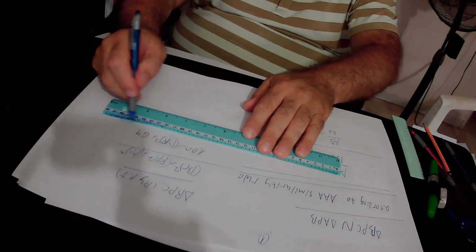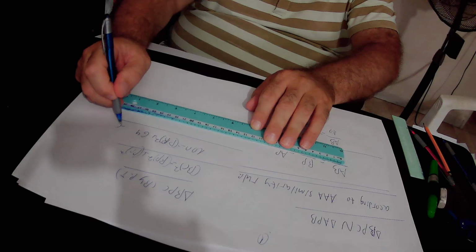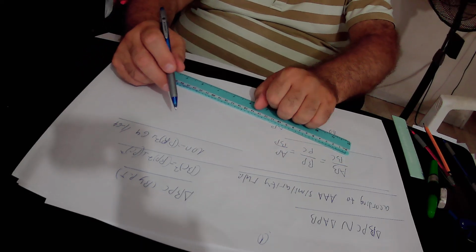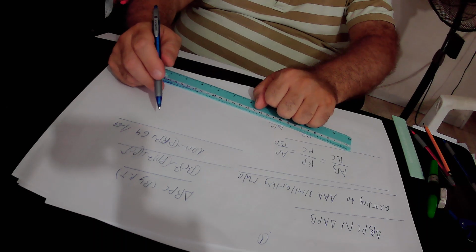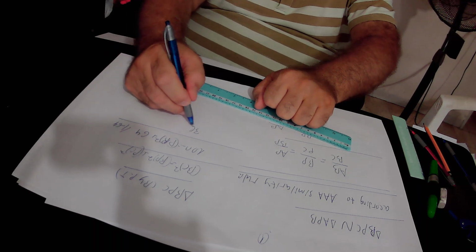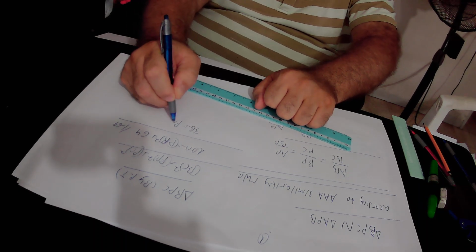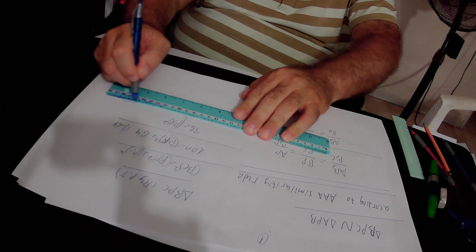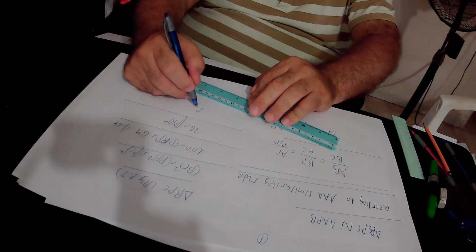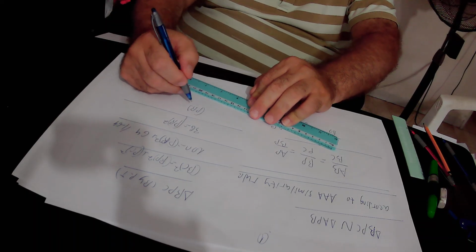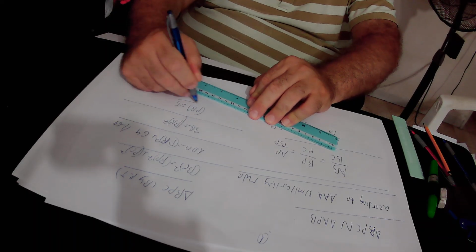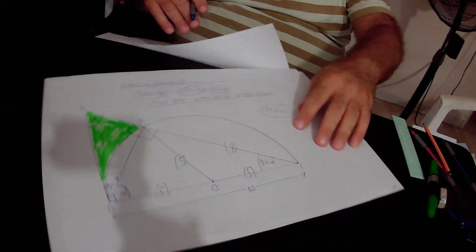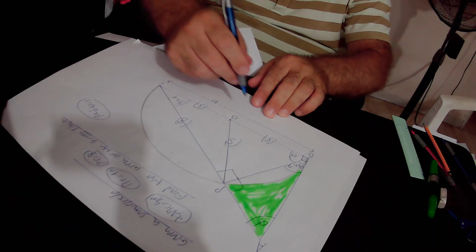Here we subtract 64 from this equation, and we get that 100 minus 64 is 36, so 36 equals PB squared. Here we take a root of this equation and finally find out that PB equals the square root of 36, that is 6. So PB equals 6 units in its length.